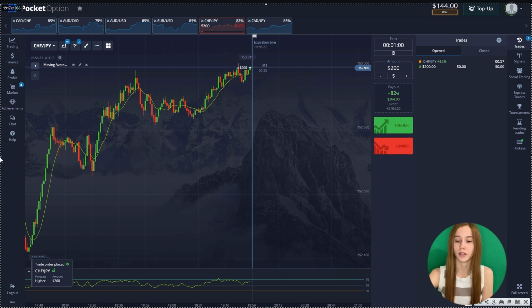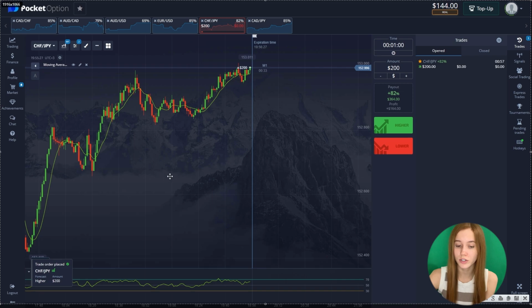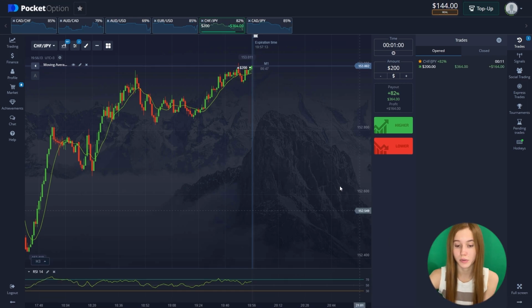And if we look at our first indicator, moving average, according to this indicator at the moment, we see that we also have this moving average directed slightly upward. RSI, the same situation. We also have our line to the upper position, to the overbought zone.